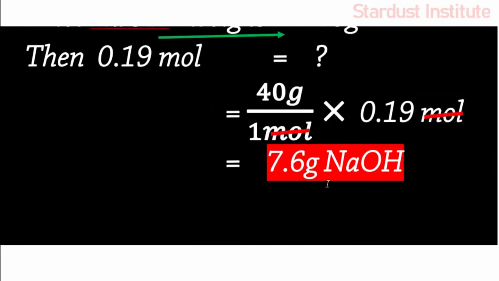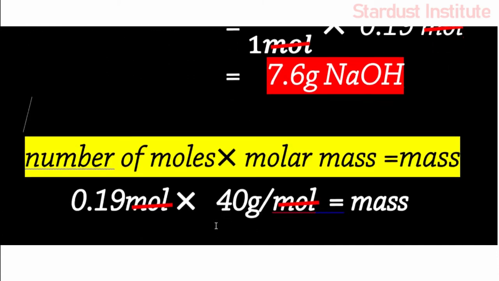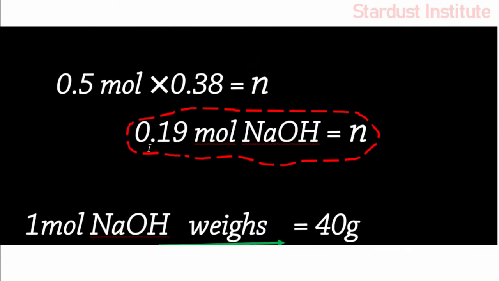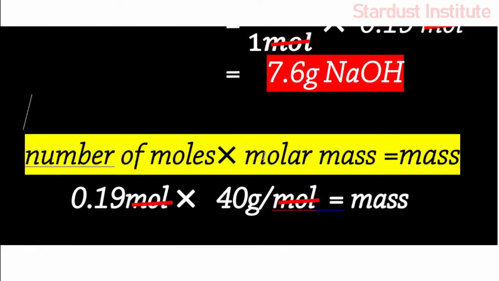There's another way to find this answer. Number of moles times molar mass equals mass. We found the number of moles, 0.19 mole, and the molar mass of sodium hydroxide is 40. 0.19 mole times 40 grams per mole equals the mass.